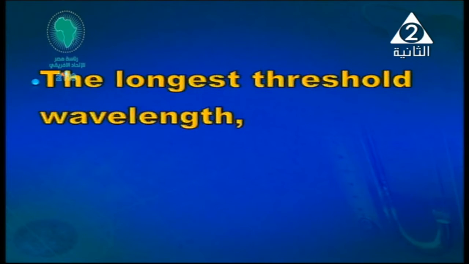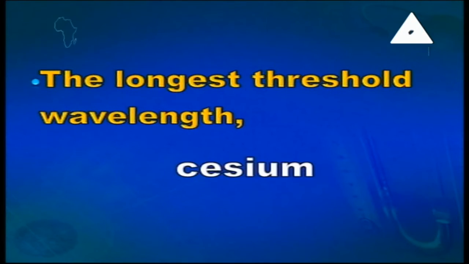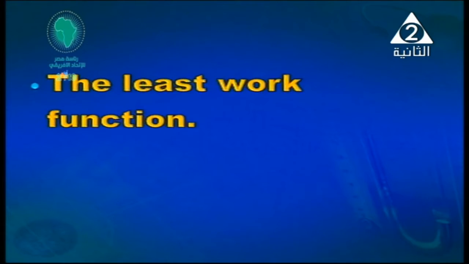Which metal had the longest threshold wavelength? Of course, it is cesium. And which metal had the least work function? It is the easiest to extract electrons from. It is cesium, of course.